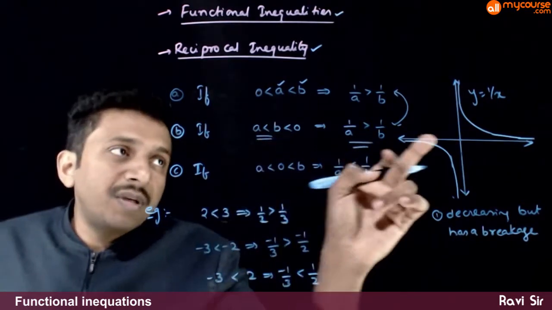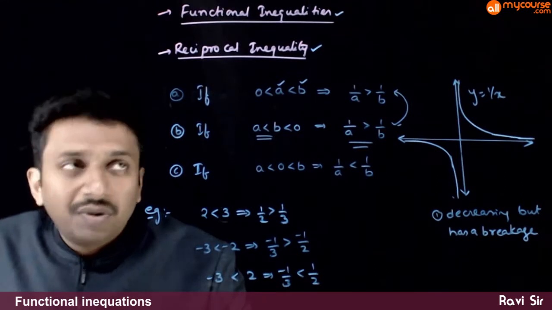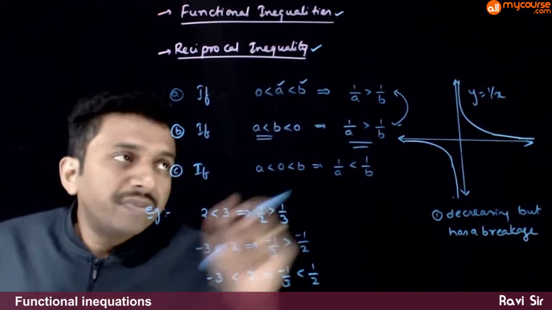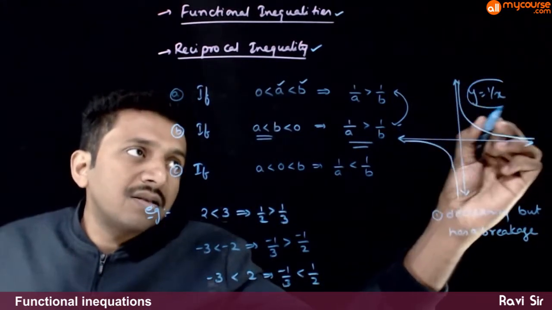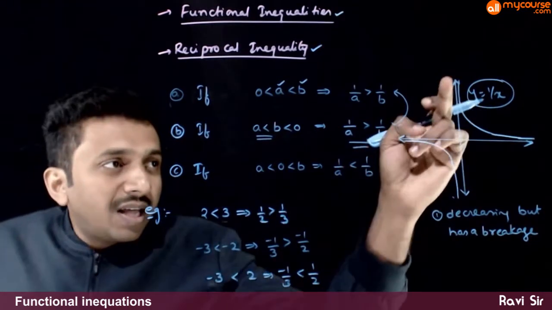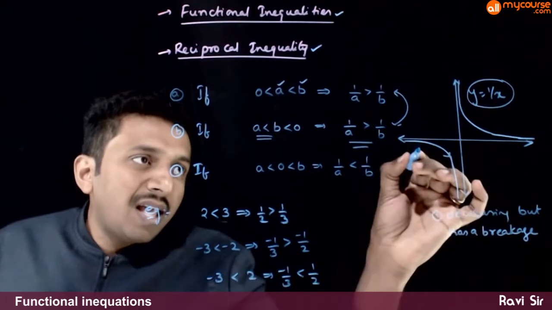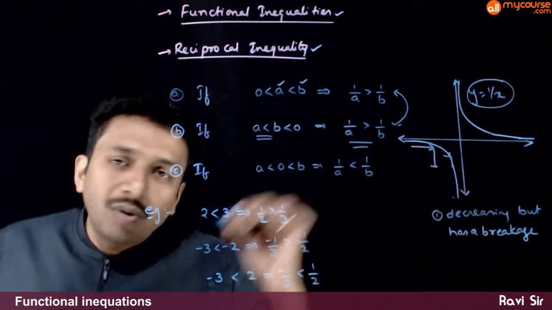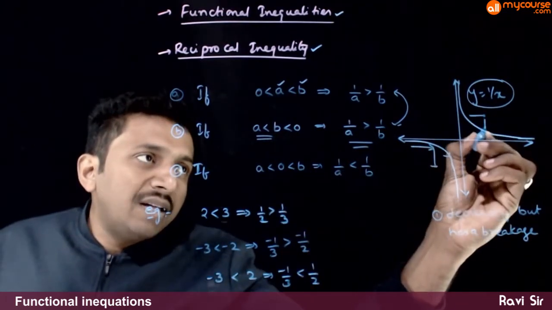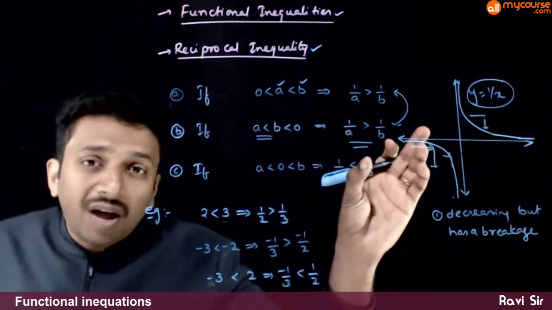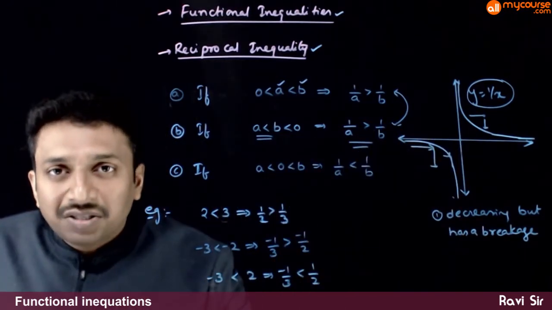This can be observed from the graph of y is equal to 1 by x, because you have a reciprocal function. If you take this reciprocal function, the graph of this is a decreasing function. As you can see, as you move right on this graph, the graph is going down. Here also, as you move right, the graph is going down. That means this function is a decreasing function.